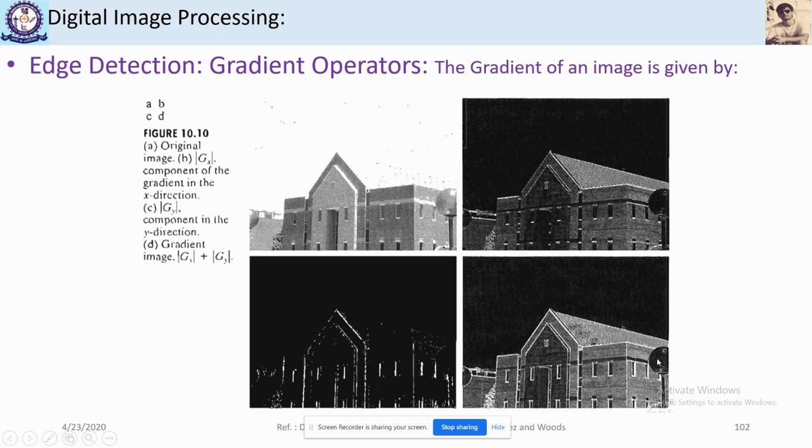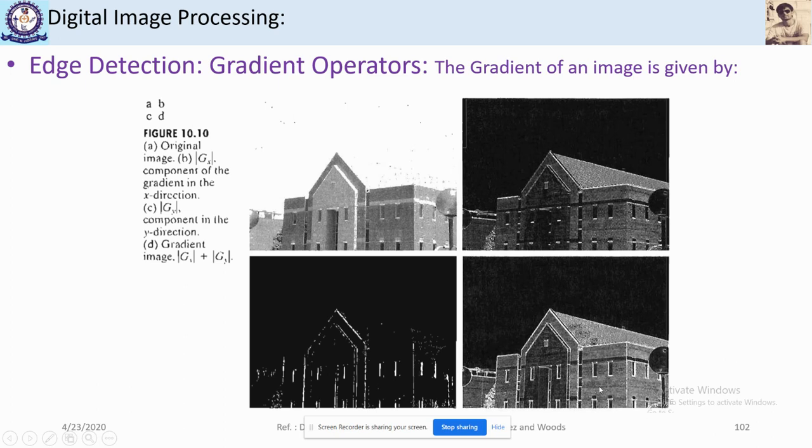But here if we look at the bricks used on the wall, they have quite strong response. So here edges are quite clearly visible of the bricks on the wall.